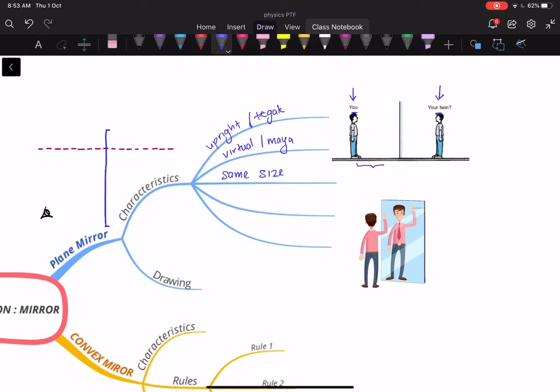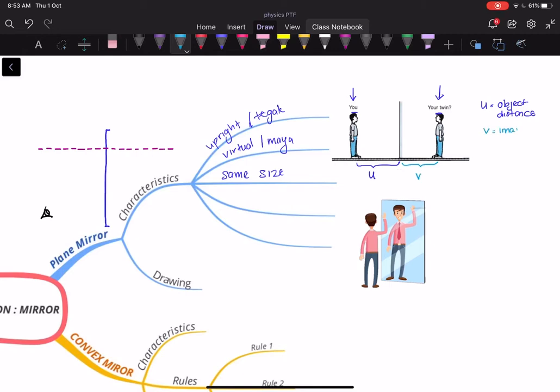Yang keempat, jarak object. It means the distance of you. That's exactly what we call u. U adalah the actual distance or the object distance. So remember, whenever I use the term u, it stands for the object distance. And we also have whatever is forming behind, that's what we call the image distance. I'm going to use the symbol v for the image distance.